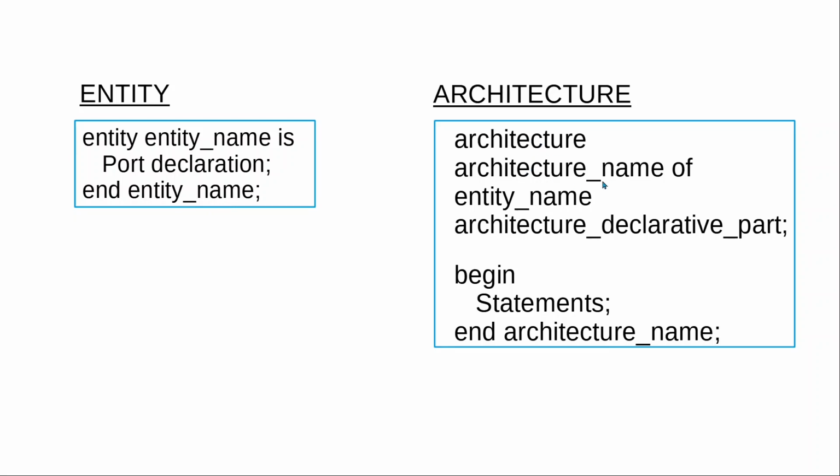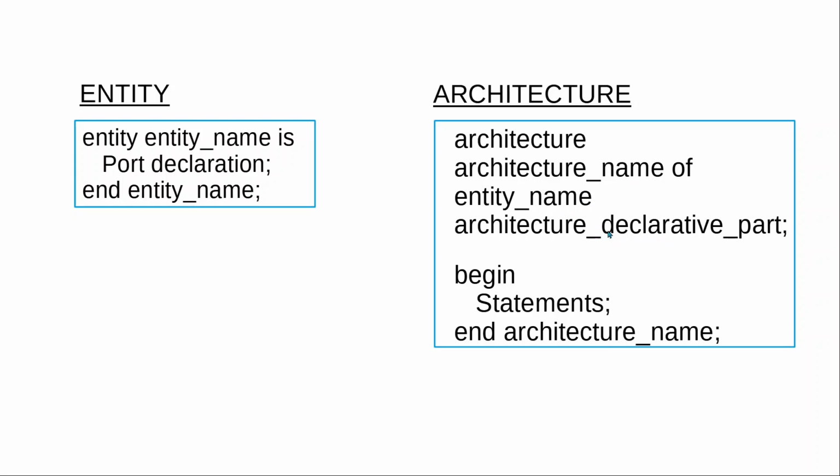And architecture, in this architecture the syntax looks like, first we write architecture, then we write the architecture name of that entity. So this architecture is basically the architecture of the entity that we declared already, and let's say we give this architecture a name of AND gate arc, and here we will write AND gate 1.